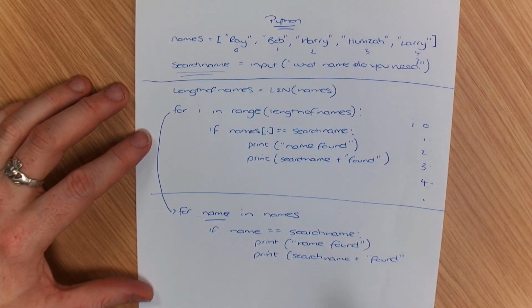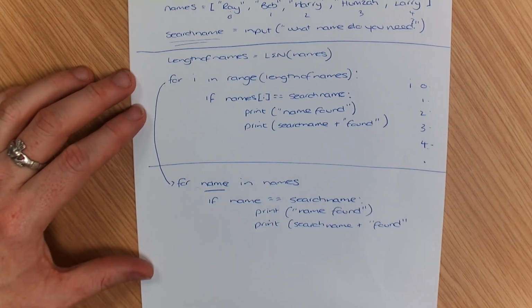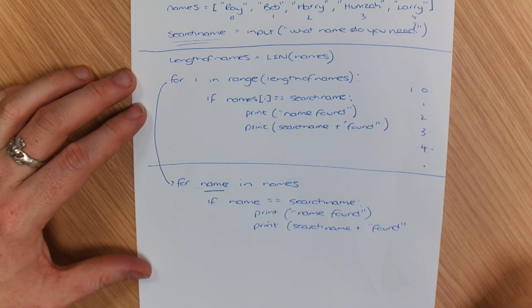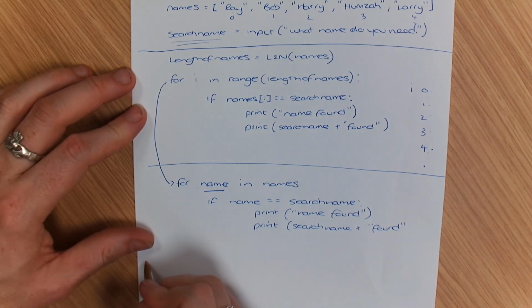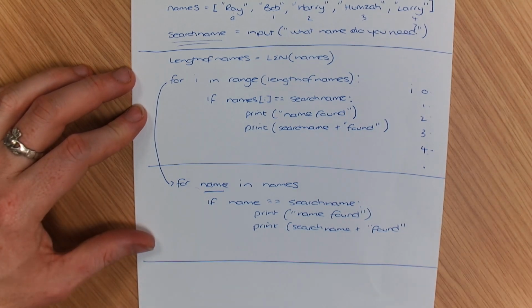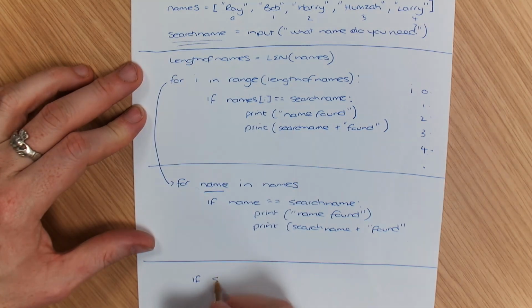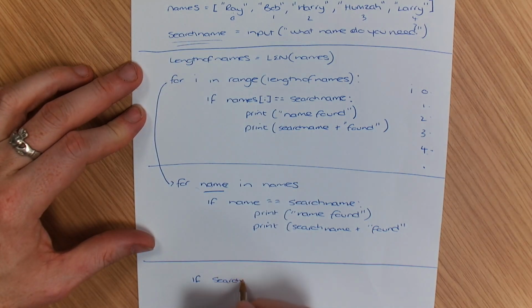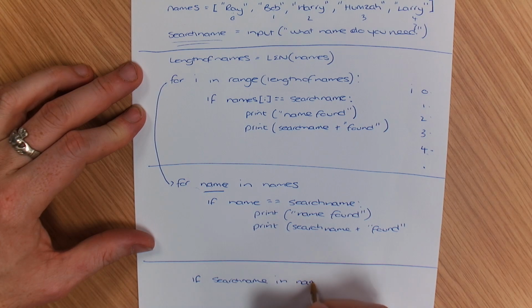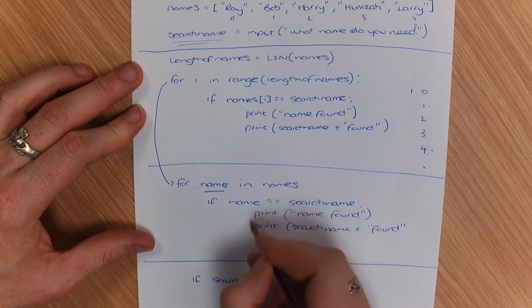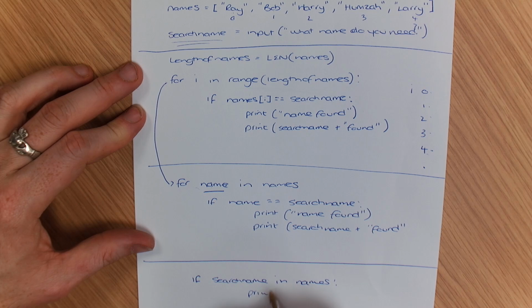If you just want to see if Hamza was in that list, you can literally just go, without any of the iteration through it, if search name in names, and then your print statement there.